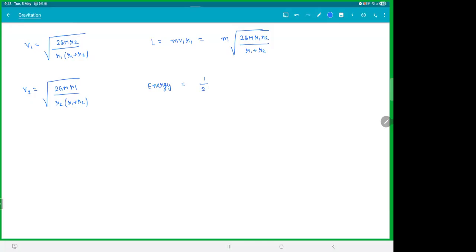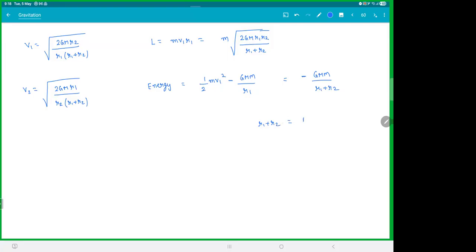You can take any one term, half m v1 square minus GMm by r1. Substitute here. I know the answer, so I'll write it down. When you do this, you end up with minus GMm by r1 plus r2. And if you remember, this r1 plus r2 is the minimum plus the farthest distance.